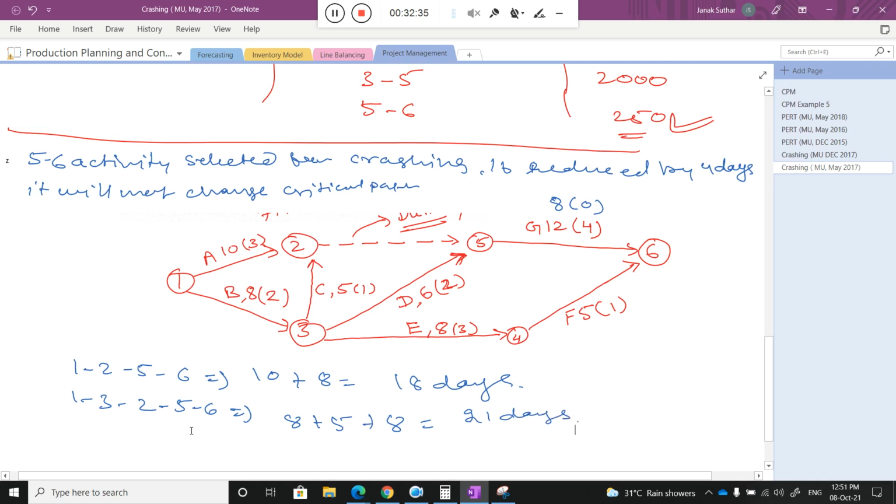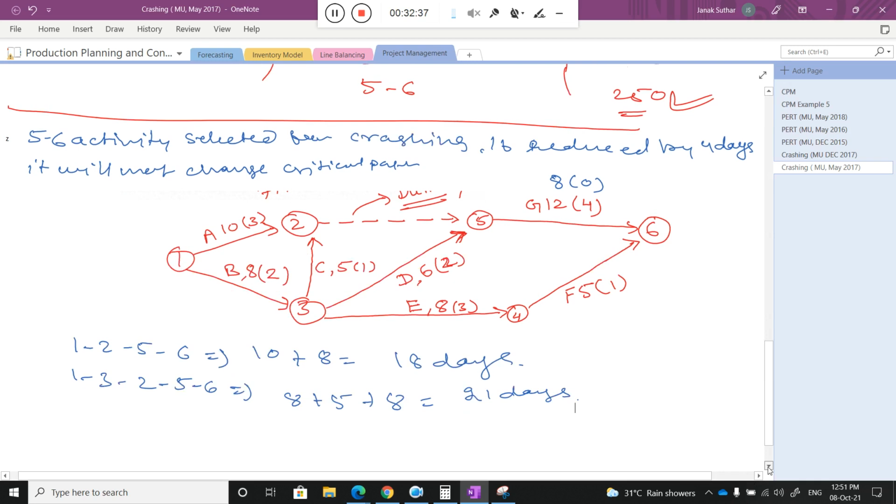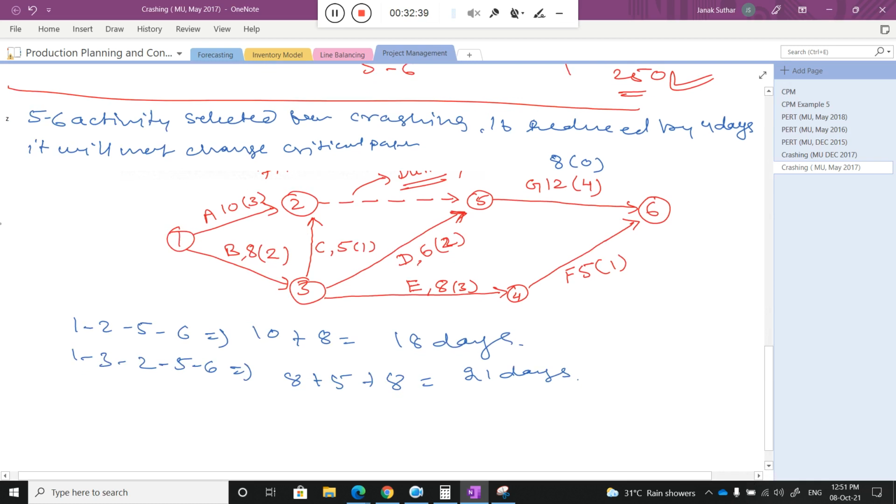Next path available. Can you tell me, class? 1 3 5 6. What will be the duration? 8, 6, 8. What is the day? 22 days, right?